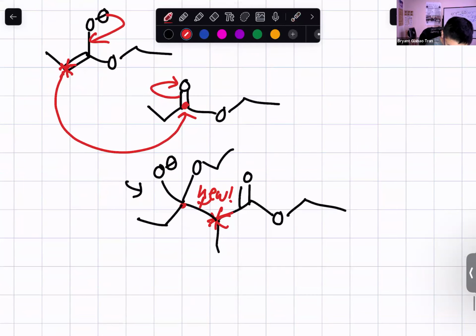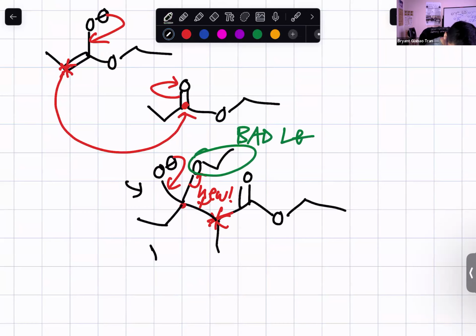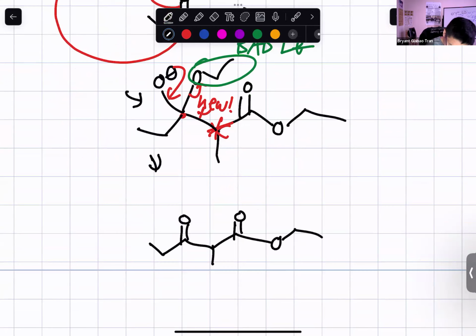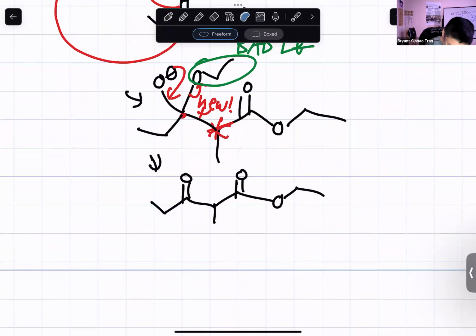The next step is to reform the carbonyl and kick out that bad leaving group. This is a bad leaving group right here. And when we do that, we are going to have this intermediate right here, where this bad leaving group is very unstable.